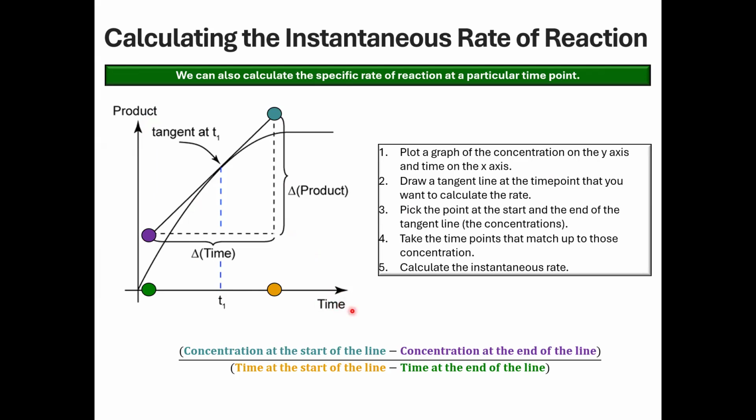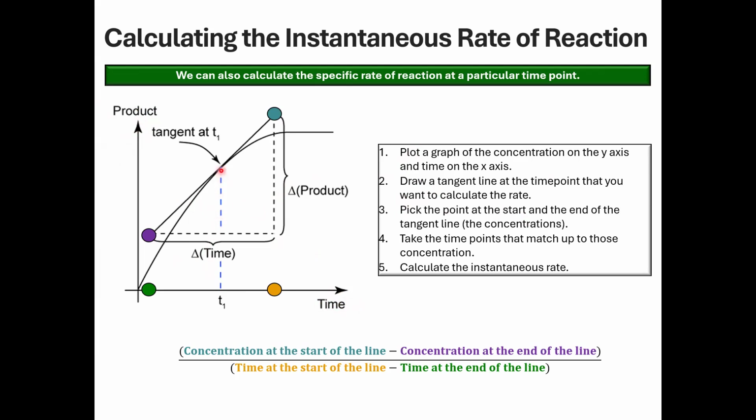So that's very important. Time is always on the x-axis, and your concentration is always on the y-axis. You'll be given, say, graph paper, and you'll draw that out, okay? And then it'll give you a certain time across that reaction to calculate the instantaneous rate, okay?